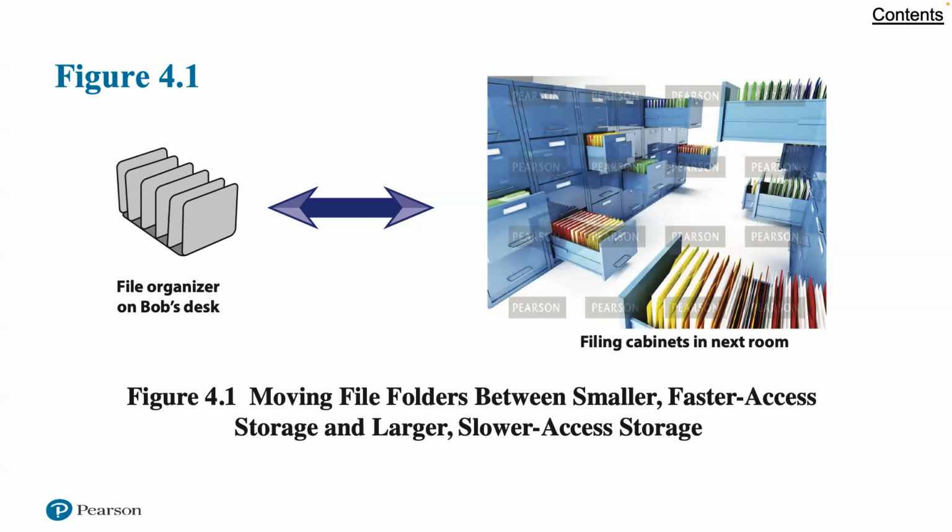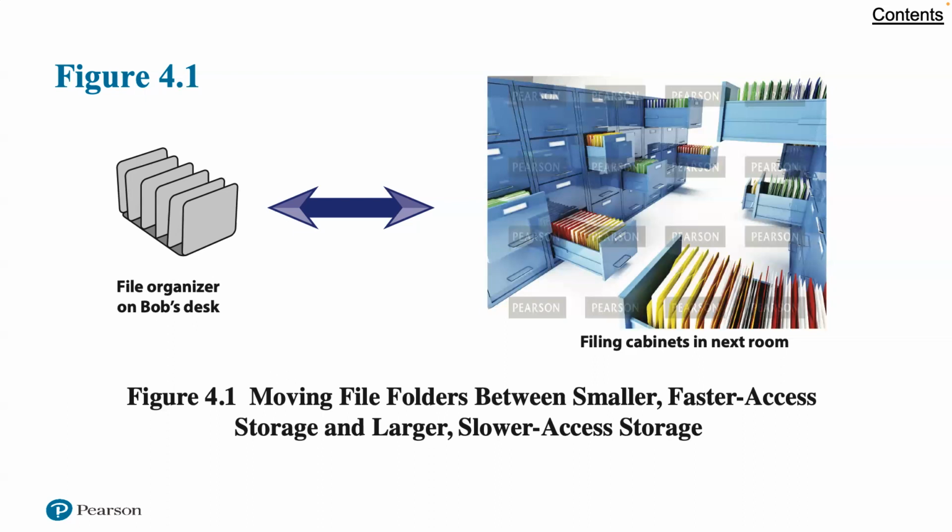Of course, Bob's desktop file organizer soon fills up, so when he goes to retrieve a folder from the file cabinet, he needs to return folders from his desk. Bob needs some policy for replacing folders. If he focuses on temporal locality, Bob could choose to replace only one folder at a time, on the reasoning that he might need any of the folders currently on his desk in the near future.